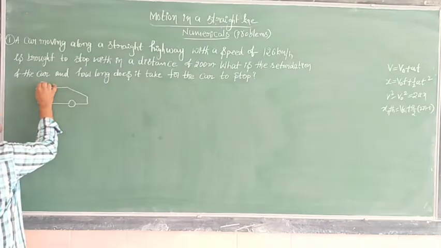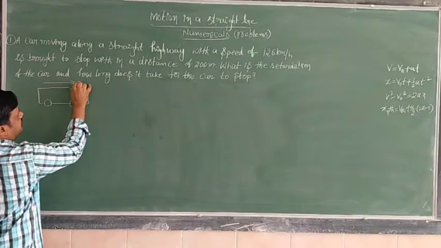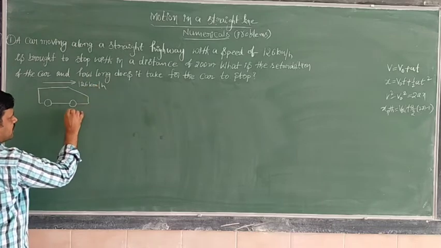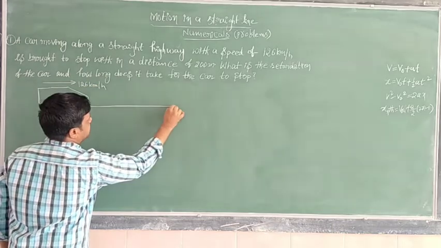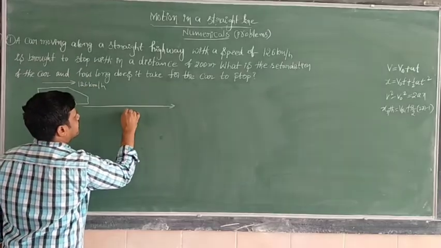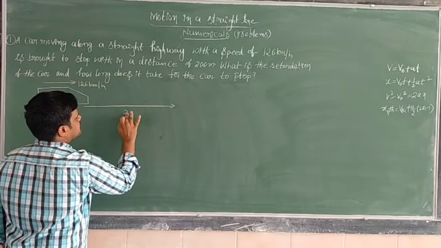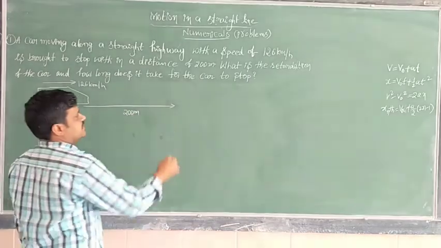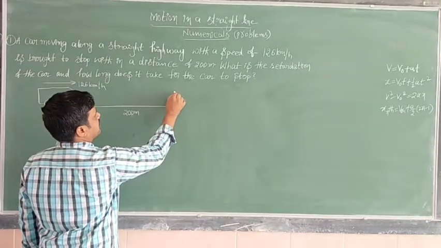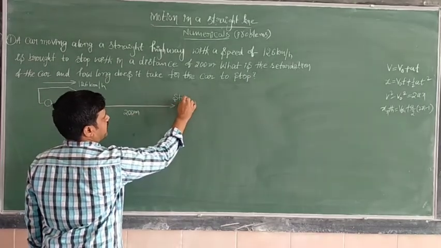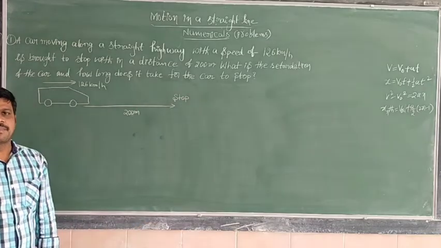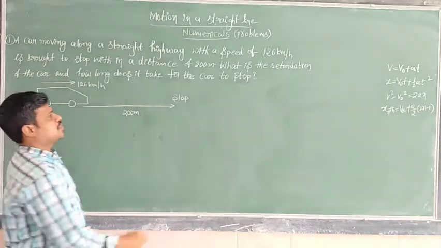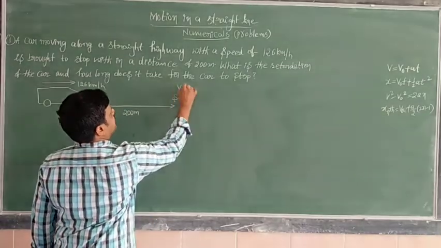Initially, this car is moving with a speed of 126 kilometer per hour. After traveling a distance of 200 meters, this car must come to stop. Must come to stop means velocity will become 0. So final velocity is 0 here.